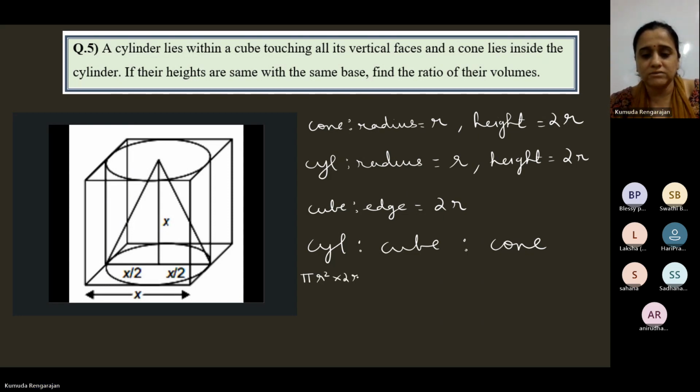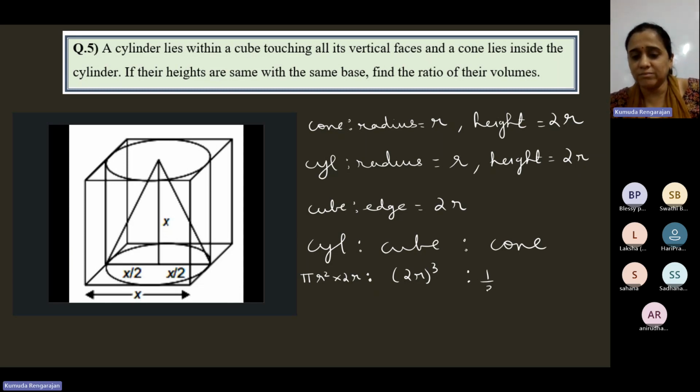So for the cylinder, it is pi r square into 2r, is to the cube. Cube volume is side cubed, so 2r the whole cube, is to the cone, 1 by 3 pi r square into h, which is 2r.